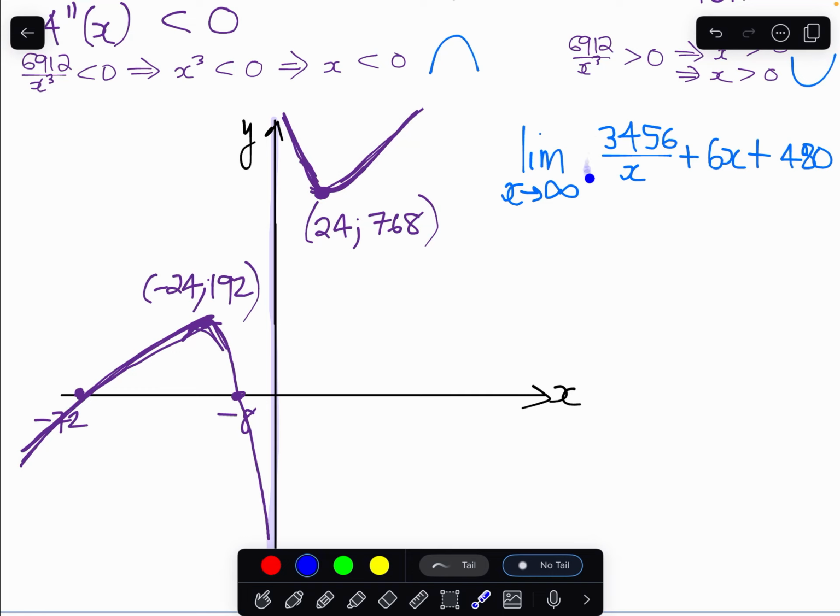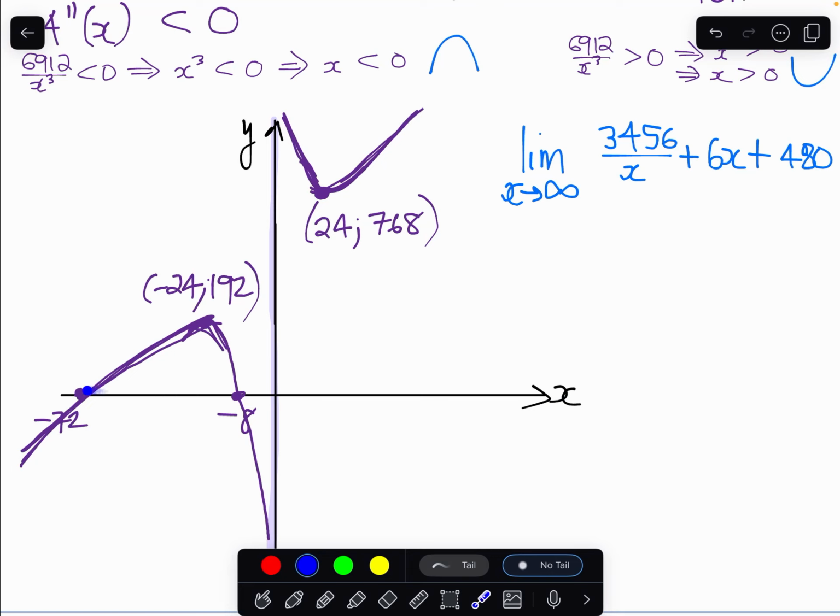This is pretty much going to become 0, so this term is pretty much going to disappear. This term is going to become very, very big, the bigger I make my x. And the 480, well, potato, potato. The star of the show is really this guy. So the bigger I make my x, the bigger my function output is going to become.